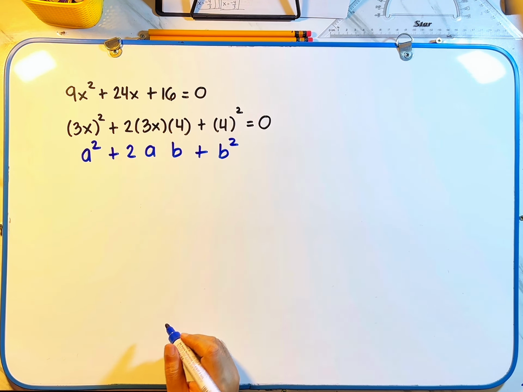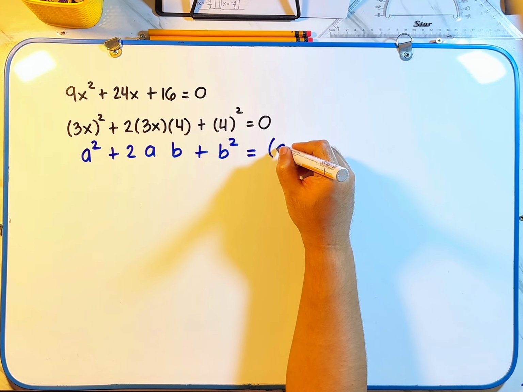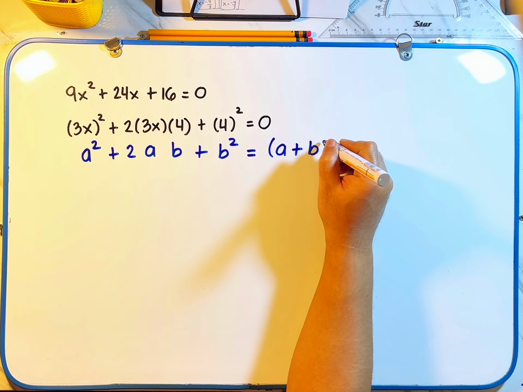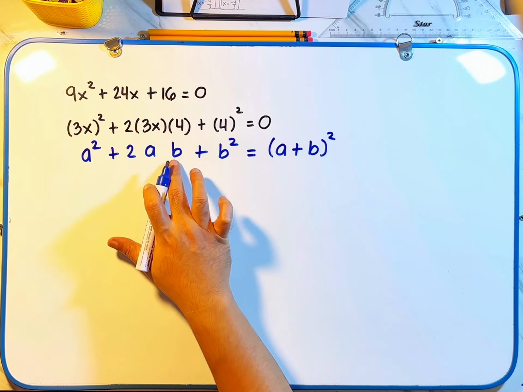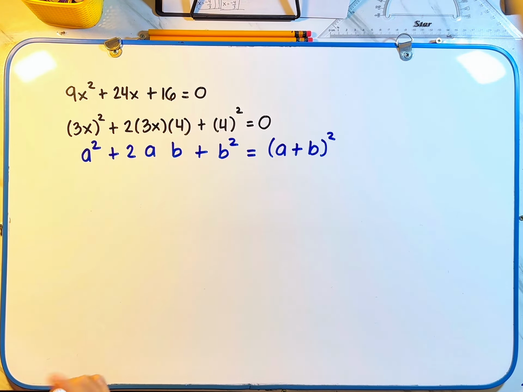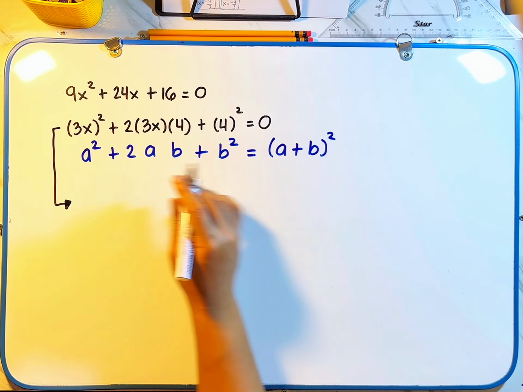All right? And we know that the factored form of this perfect square trinomial is (a plus b) squared. A is 3x, while b is 4. Now, let us rewrite in this form.